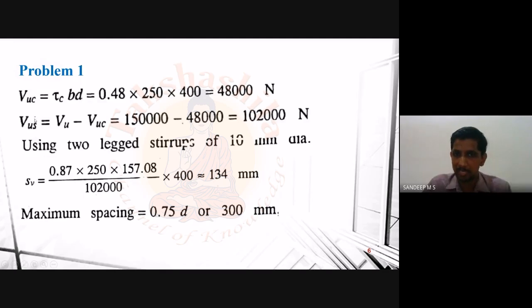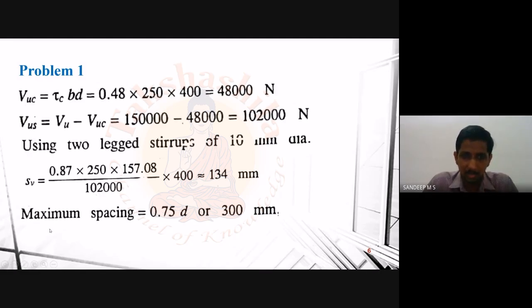Then I will calculate the shear force that should be resisted by my stirrups, represented by VUS, which is given by total shear force VU minus the shear force taken up by concrete, VUC, and it is coming around 102,000 newtons. Now, as we assumed, we will be using 2-leg 10 mm diameter stirrups. By substituting the values in the corresponding equation for vertical stirrups, we can easily find the value of SV, and in this case, it is coming approximately 134 millimeters.